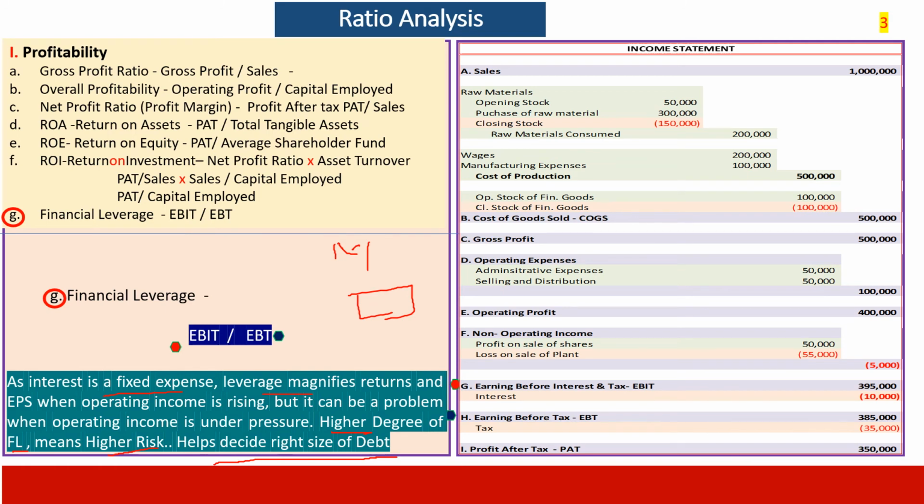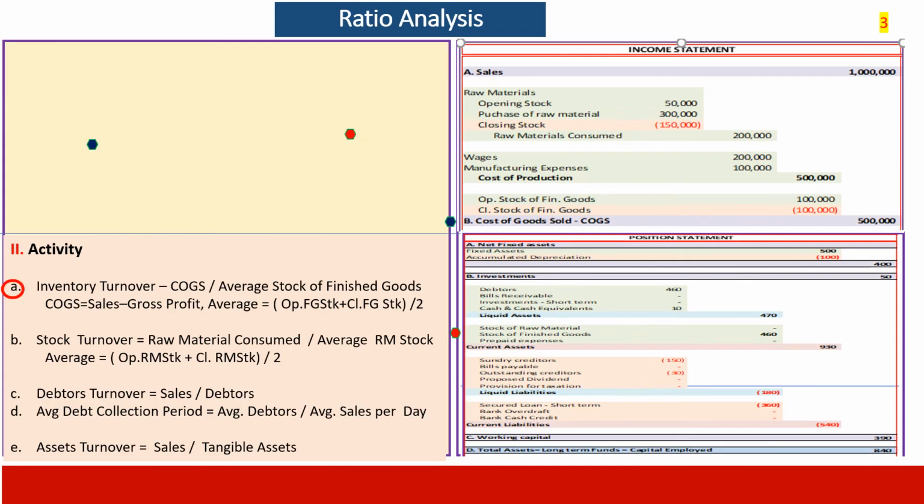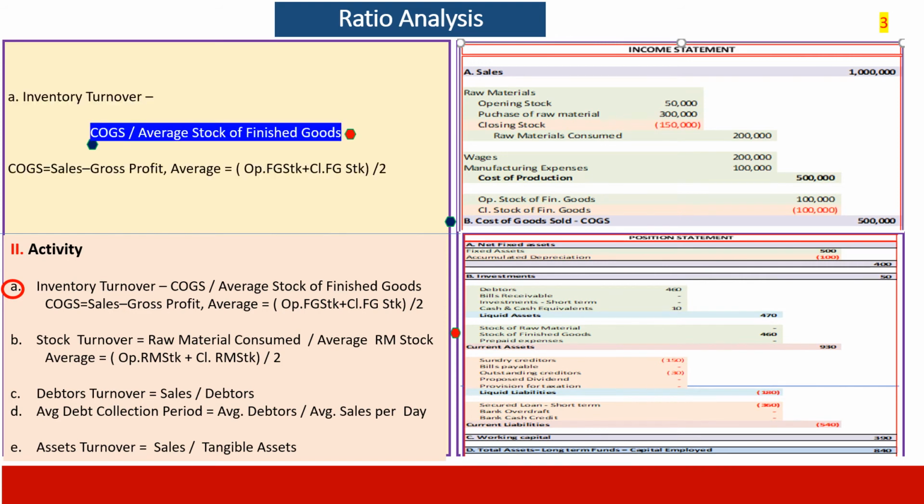These are all pertaining to profitability, and that leads us to take up ratios in the activity level. Under activity, it is all pertaining to turnover, meaning sales is one of the components. When there is no sales, it is cost of goods sold. Inventory turnover means cost of goods sold divided by the average stock of finished goods.